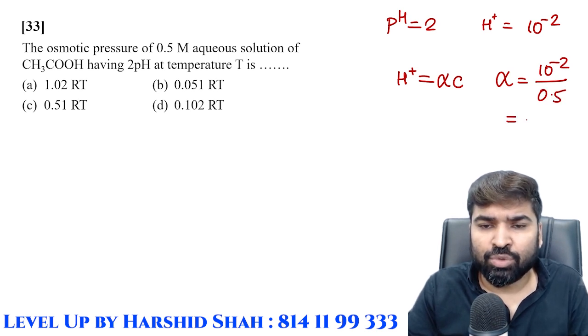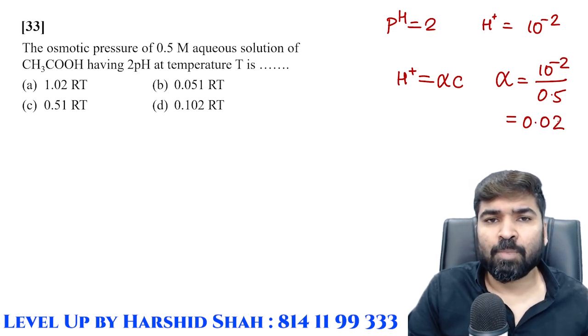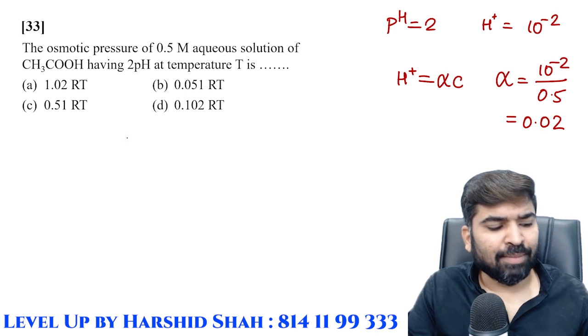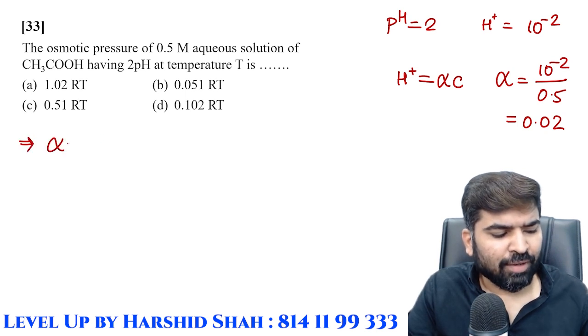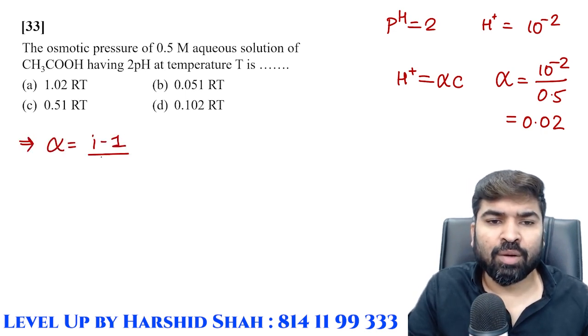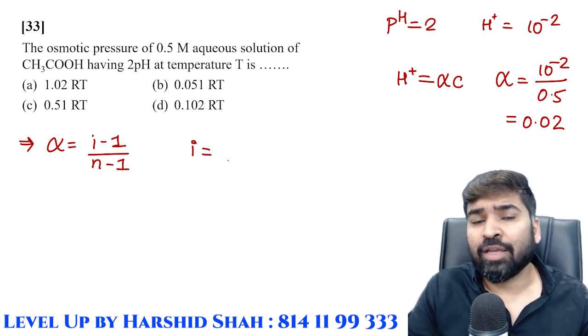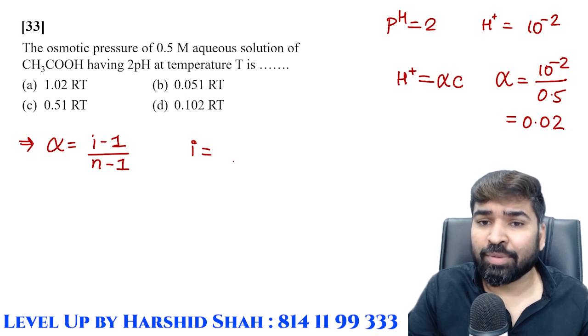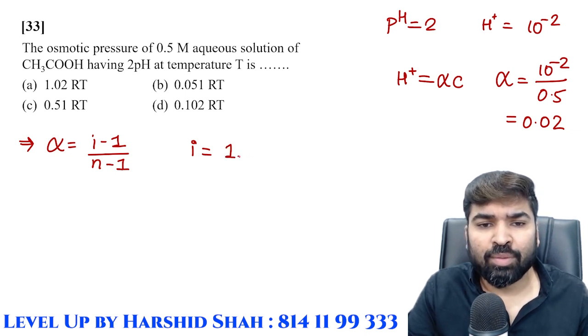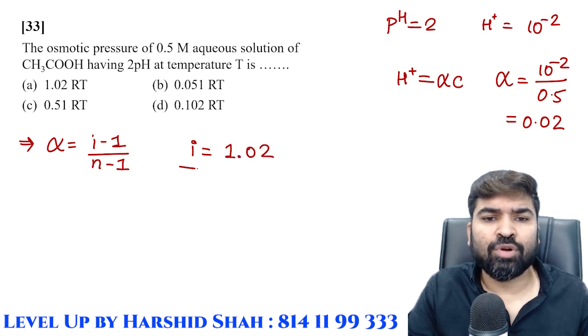So it is 2 into 10 raised to power minus 2, or 0.02. Now let's come to the i value. Alpha is equal to i minus 1 upon n minus 1. So i is going to be 1 plus alpha times n minus 1, n minus 1 is 1, so it becomes 1.02. That is your i value.